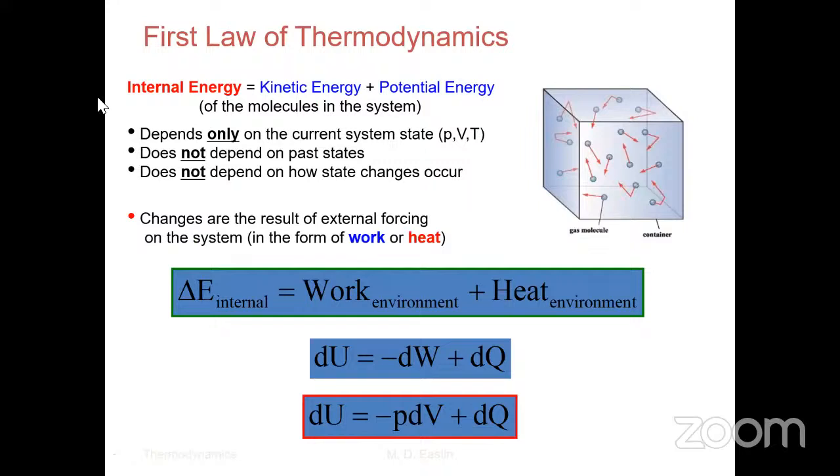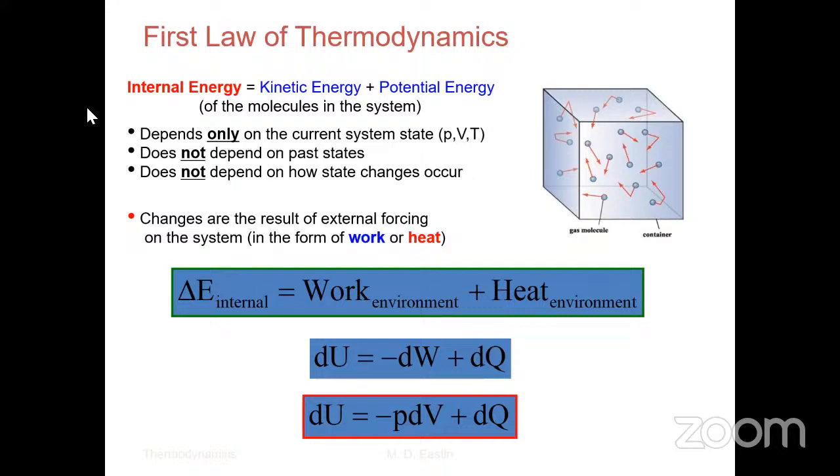So, the first law of thermodynamics, we're still there. Let's look at internal energy. Internal energy is kinetic energy plus potential energy of the molecules in the particular system we're studying.